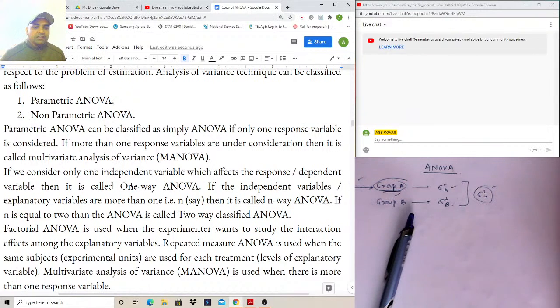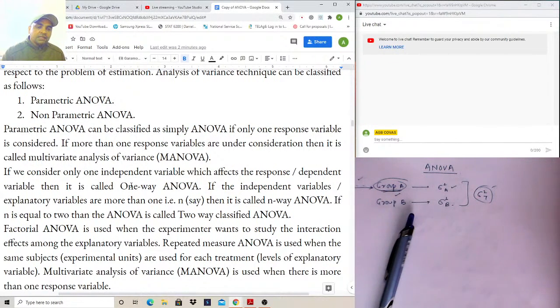We will be finding only one character, for example height or yield, milk yield or weight. We will not be concerned with height and weight simultaneously, which are affected by, say, the age of the person or other factors.